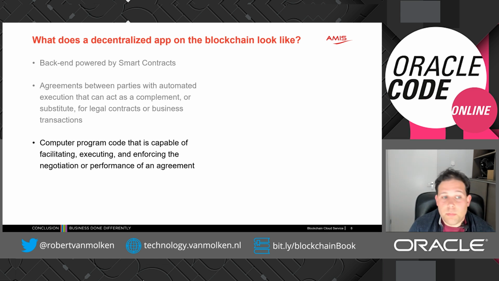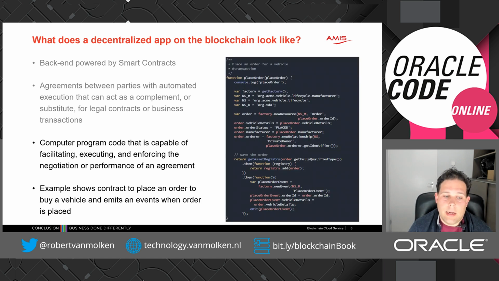A smart contract is basically computer program code, and it's capable of facilitating, executing and enforcing the negotiation and performance of an agreement. On the right you see an example of a function within a smart contract, and with this function we can place an order to buy a vehicle. This vehicle is the object that is received.